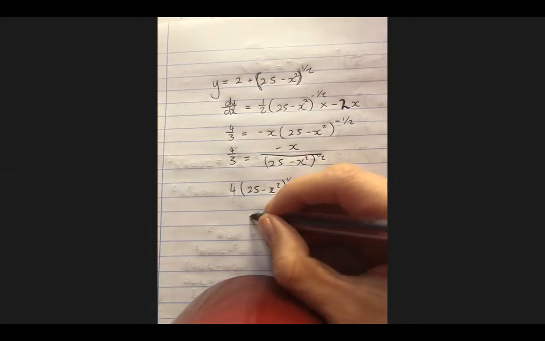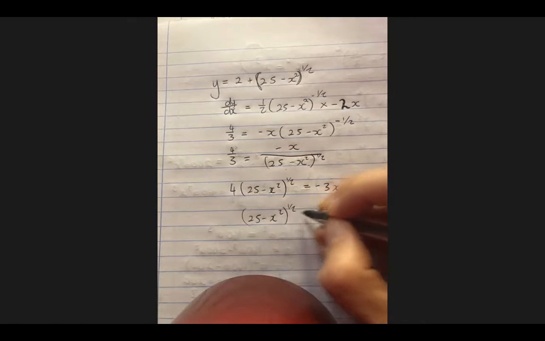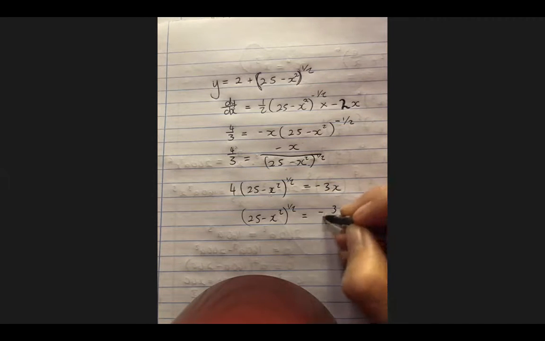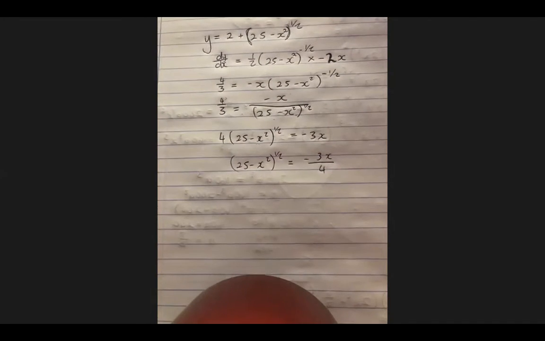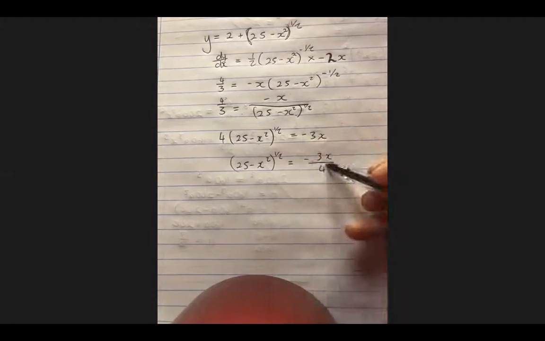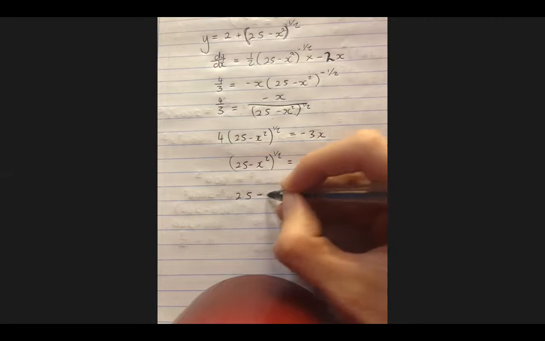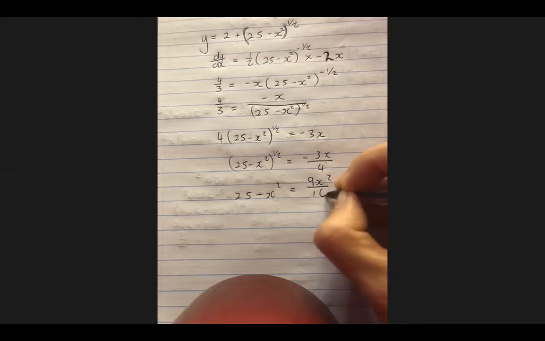I think the easiest will be, let's isolate this half, make it like this, 3x over 4, and then let's square both sides. I think it's a good time to quickly square both sides. So when we do that, I'm going to get rid of this half. So I'm going to go 25 minus x squared equals 9x squared over 16.